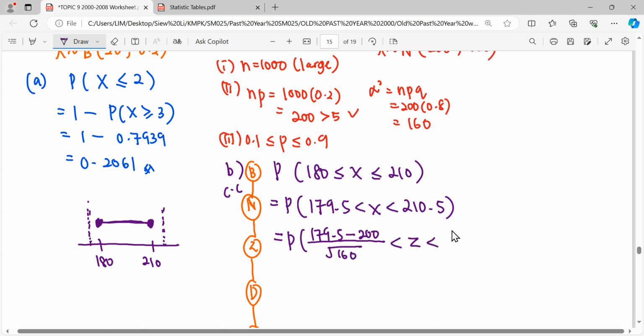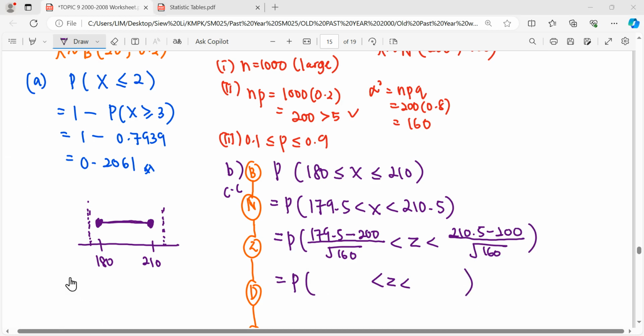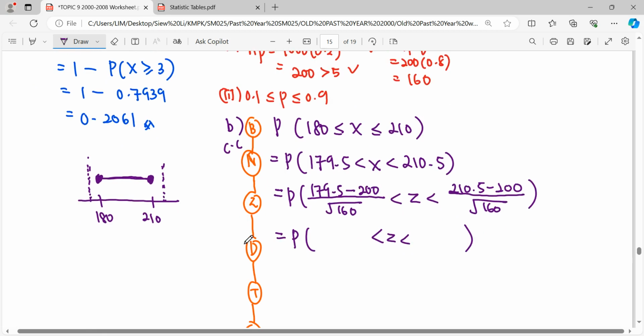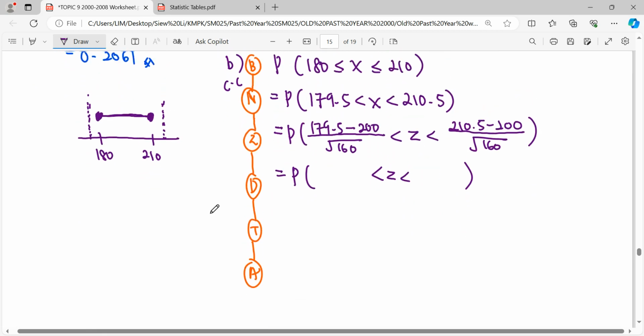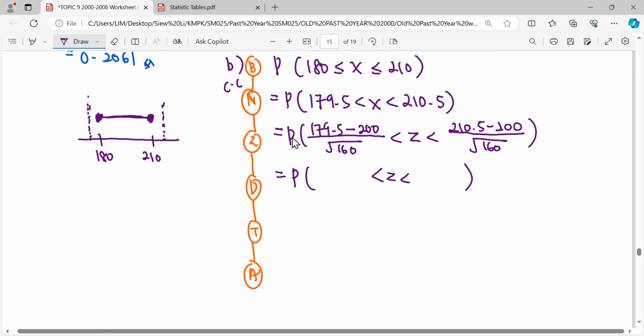X changes to z. Make sure our z-score is only to 2 decimals. So the z-scores to 2 decimals will be negative 1.62 and 0.83. Then we draw this standard normal graph.